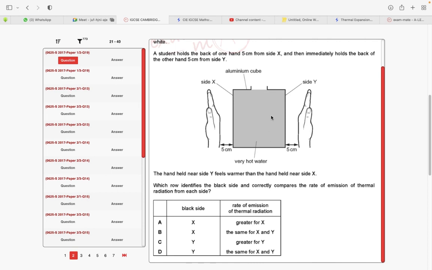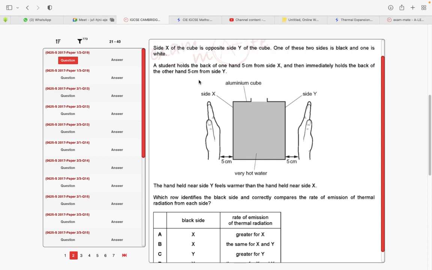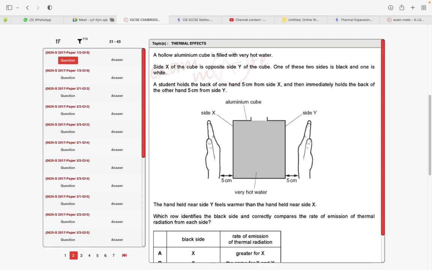But this material itself, did they describe what it is? It says aluminium.